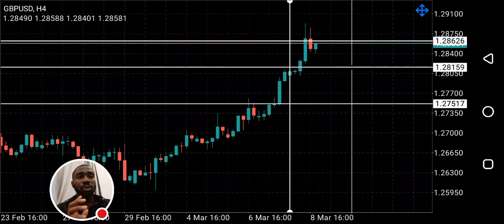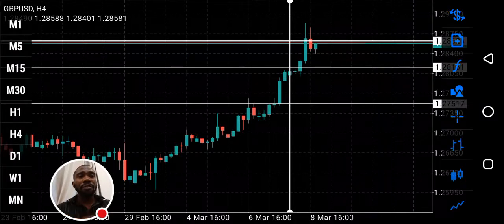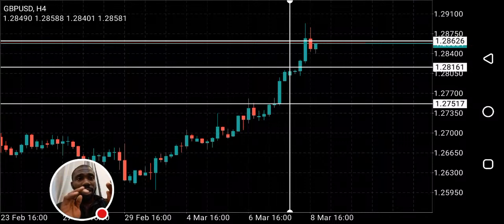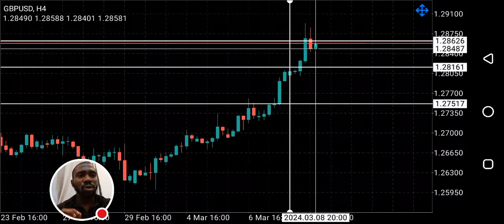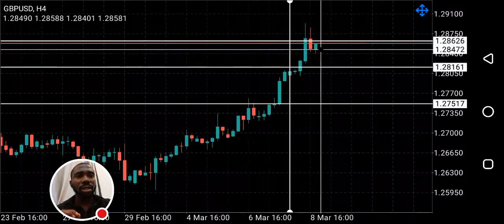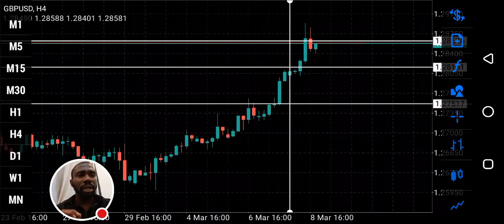So after the formation of this shooting star, this is how I execute my trade. I cannot execute a sell trade at the current market price. First thing I need to identify here is a support. You can see we had a support here.